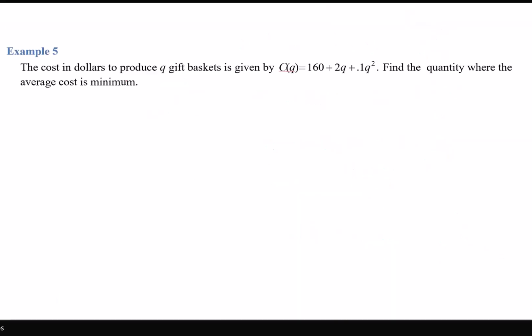Example 5. The cost in dollars to produce Q gift baskets is given by C equals 160 plus 2Q plus 0.1 Q squared. Find the quantity where the average cost is minimum. Well, I have my cost.